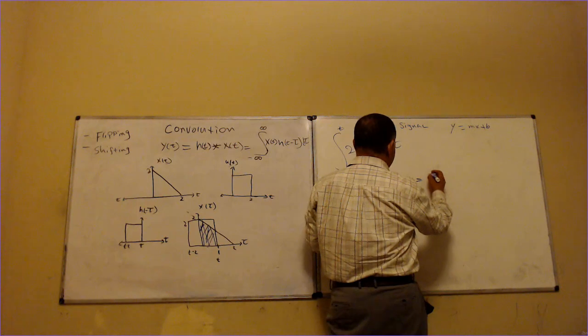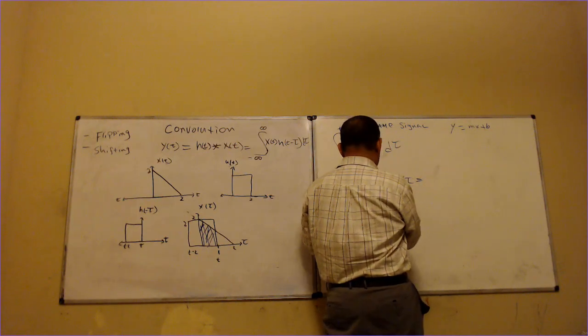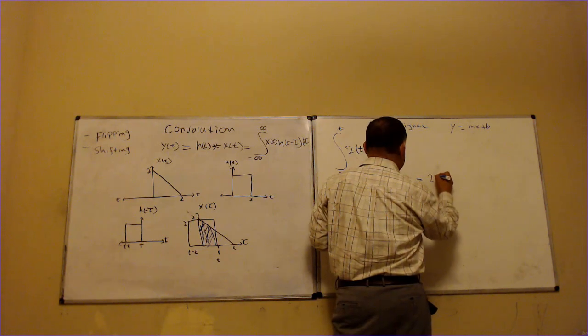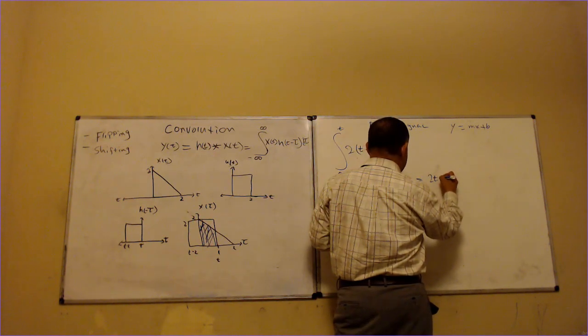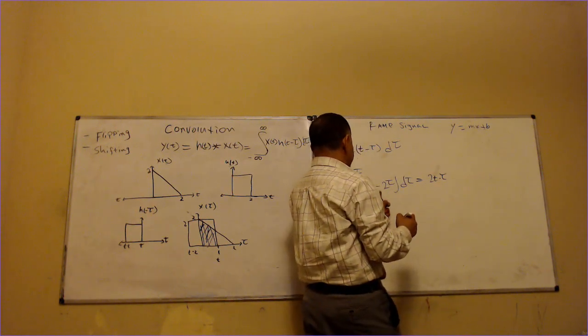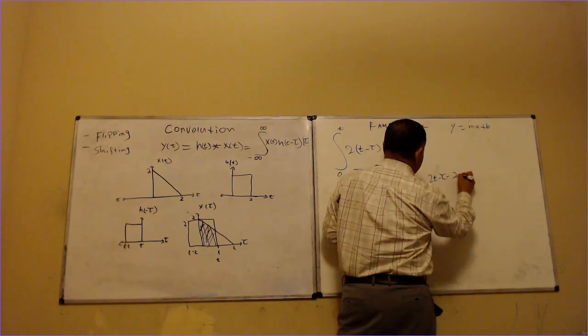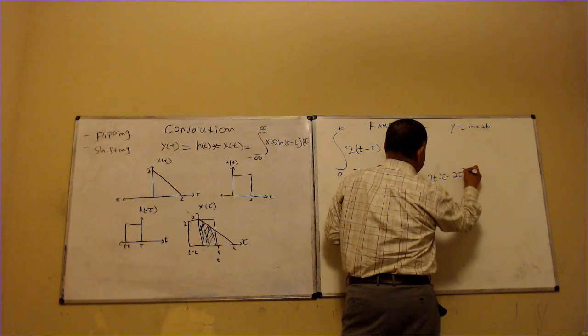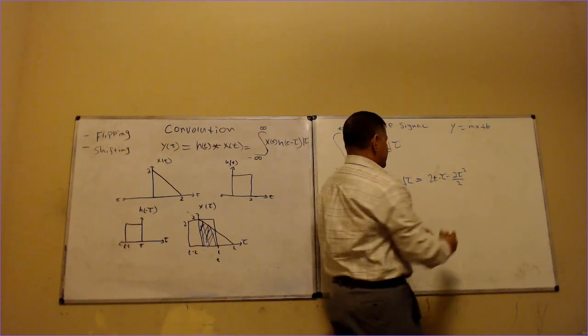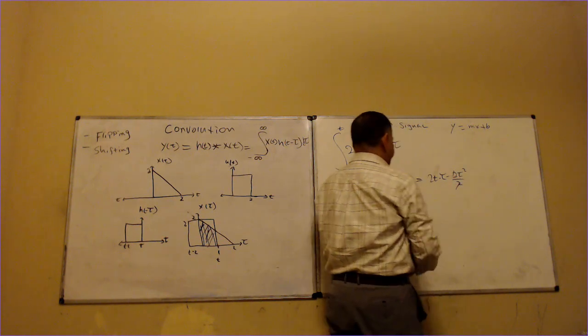Okay, so I integrate that, and I get 2t times tau, right? Because I integrate with respect to tau, minus 2 tau squared, and of course I divide by the exponent, and that cancels out, right?